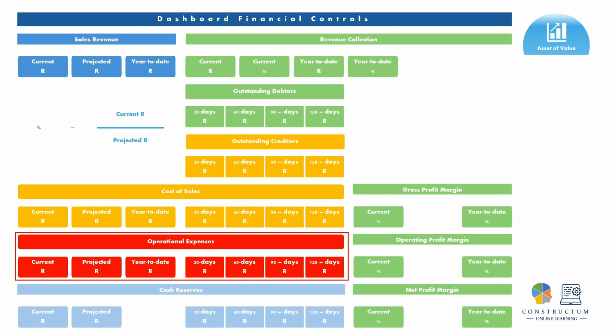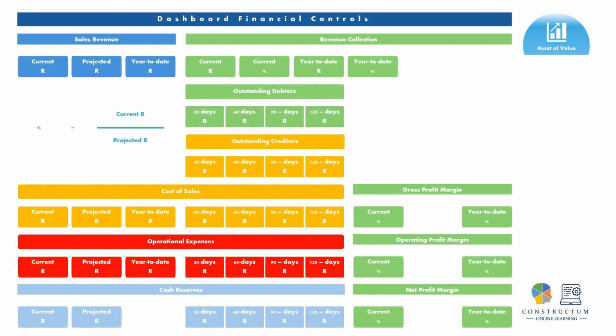I recommend including current value of operational expenses, projected value of operational expenses, and year-to-date value of operational expenses. I also recommend including a forecast of when cash is expected to leave the business to fund operational expenses over 30, 60, 90, and 120 days.